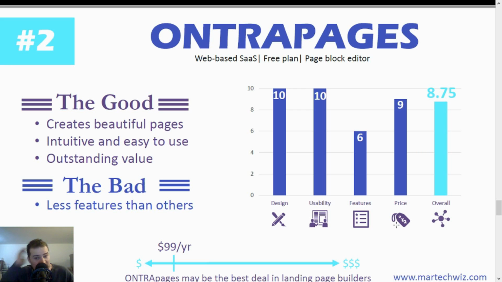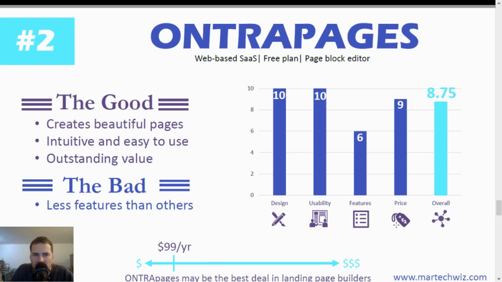And they actually even have a free plan too. You pay what it comes out to, like $8 a month if you buy the annual, and then you can also buy it by the month, which I believe is like $12 or $15. I don't know it off the top of my head, but anyway, it's an outstanding value.